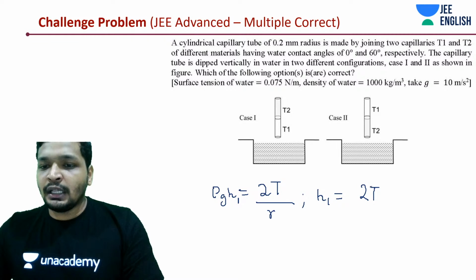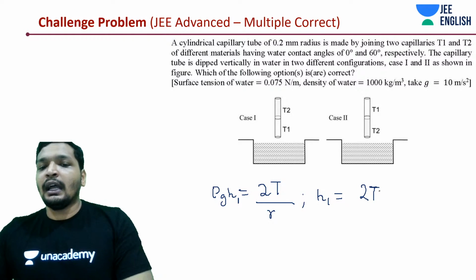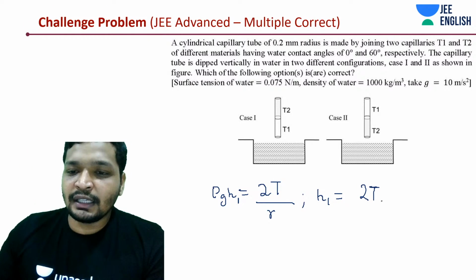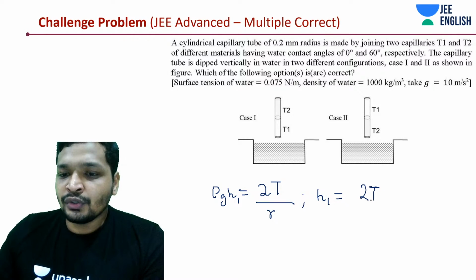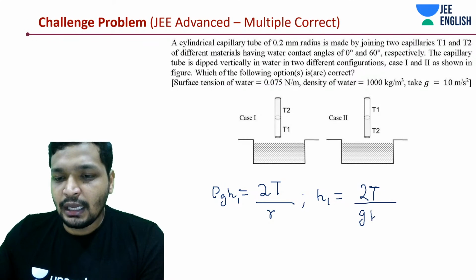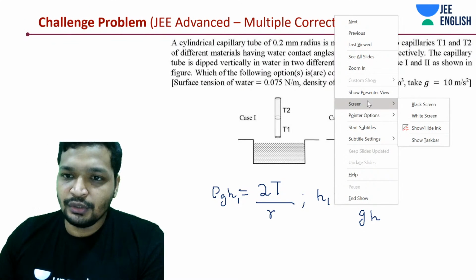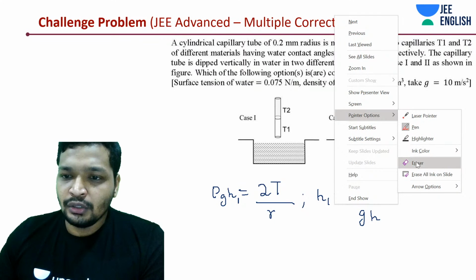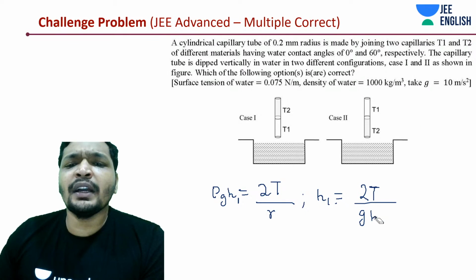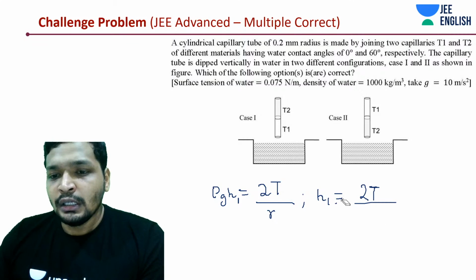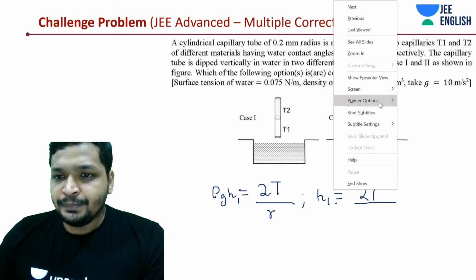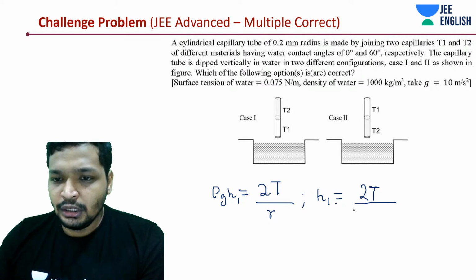Good question, Yashwant. Stay focused, you'll understand it. Okay, I'll come to that point. I think this will be more clear with calculation. So this is going to be 2T by rho g r.